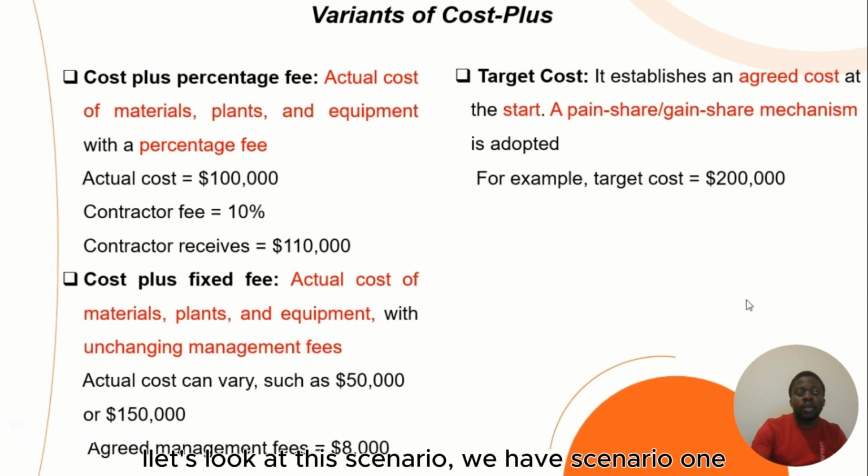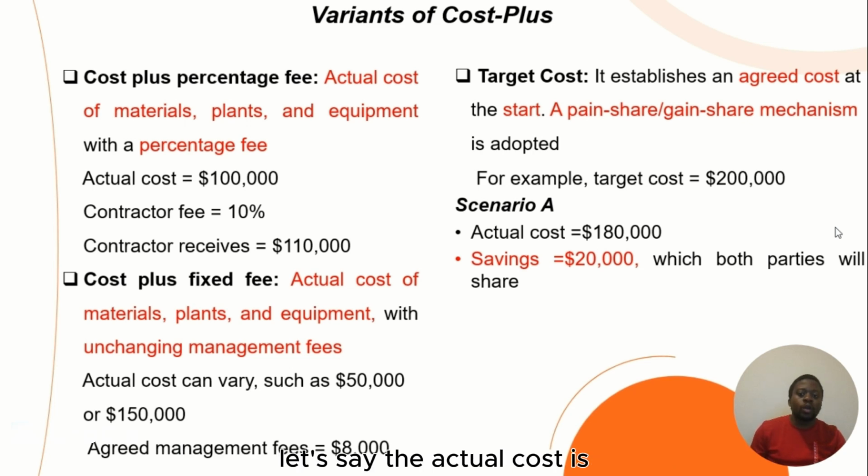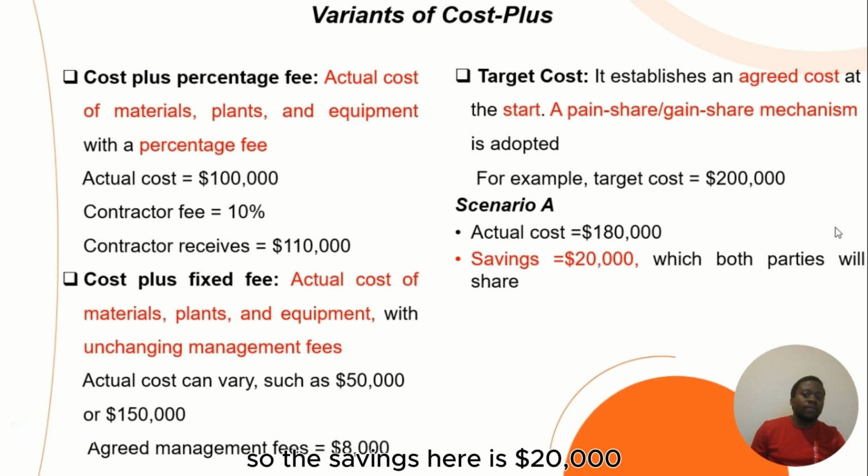Let's look at this scenario. In scenario one, let's say the actual cost used on the construction is 180,000. So the savings here is 20,000, which will be shared by both parties. Usually, it should be 50-50.